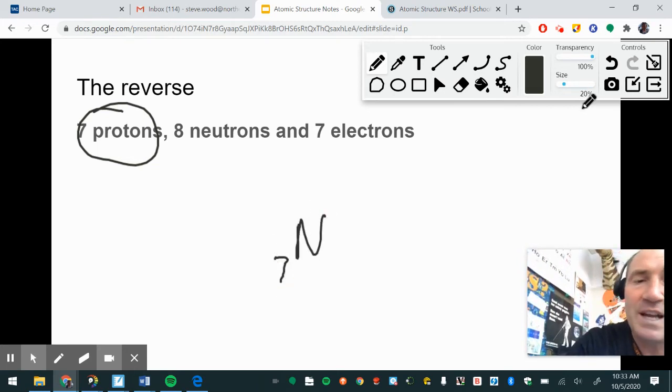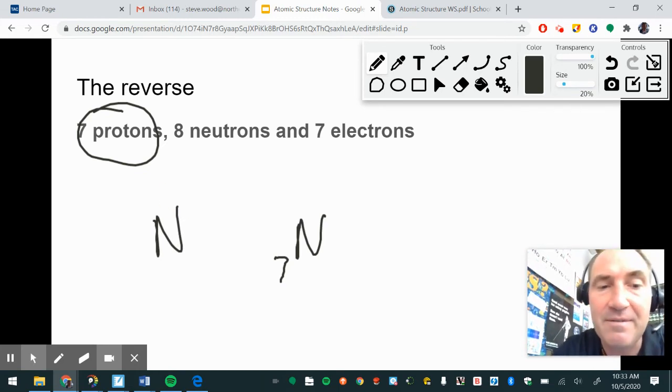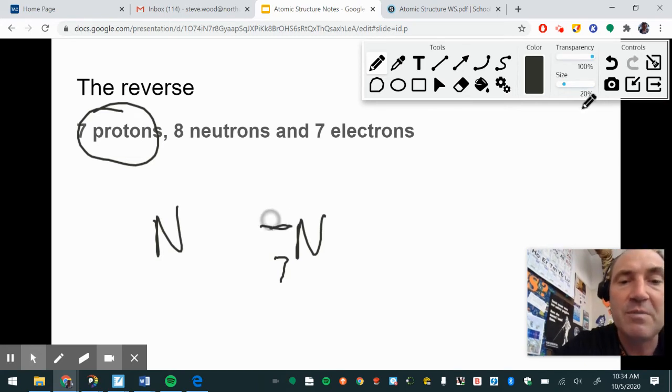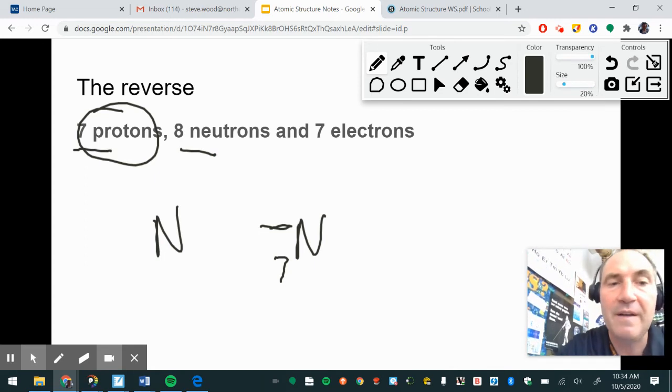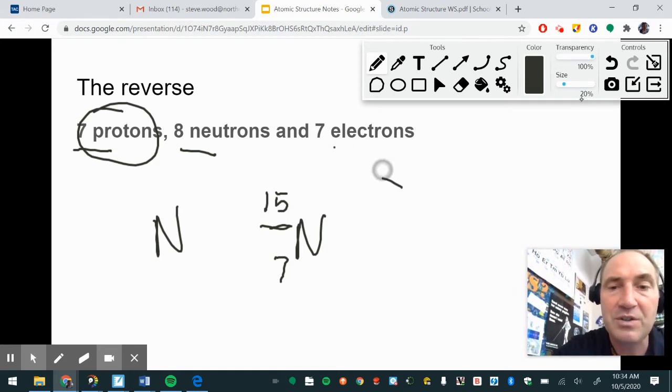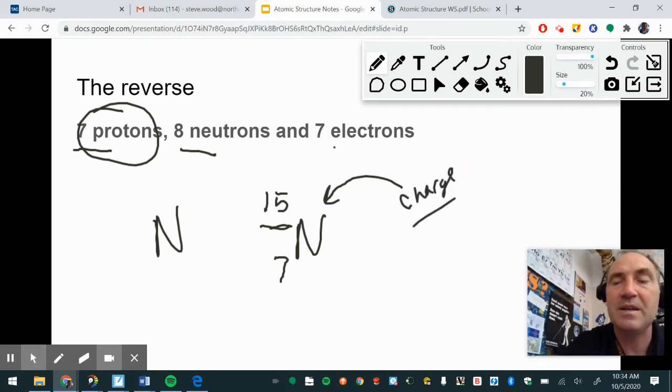Now, some people just write N. You don't necessarily need to write that 7 down there unless you're asked to, and the reason is that N is always 7, so it's assumed. Now up here goes the mass number. The only two with masses are the neutrons and the protons. So this would have a total of 15 neutrons. And then the electrons and protons are canceled, so there's no charge. If there was a charge, it would go up here because that is what happens with ions. And we'll talk about that in just a second.